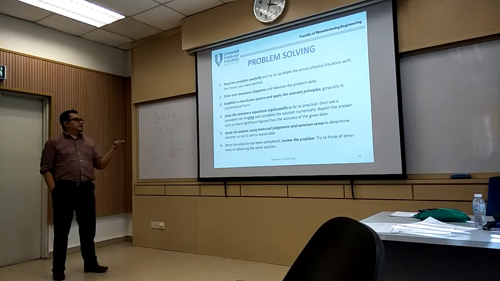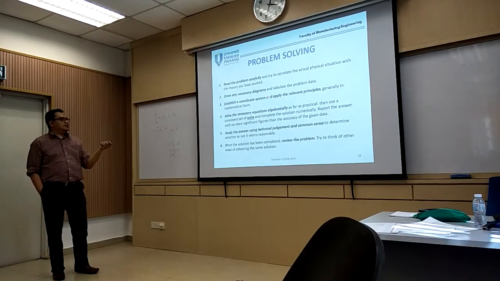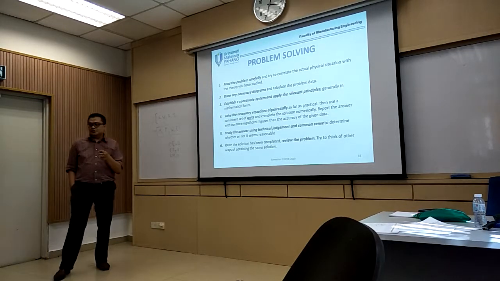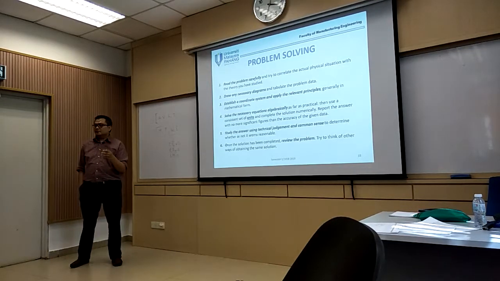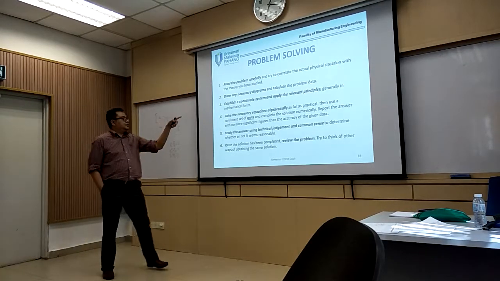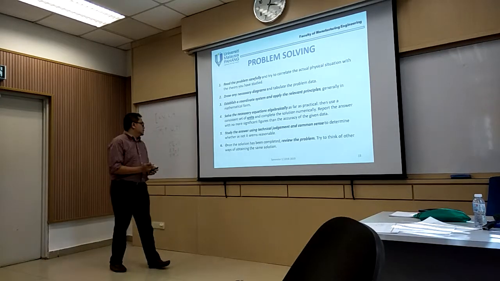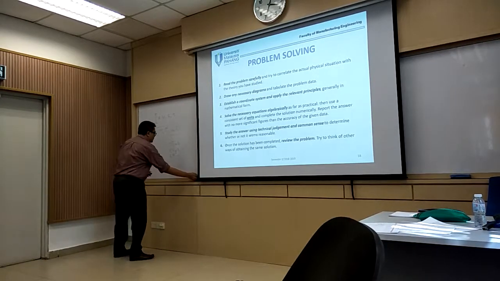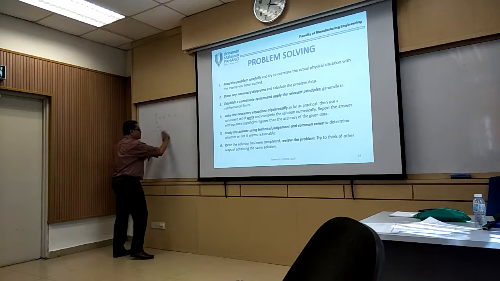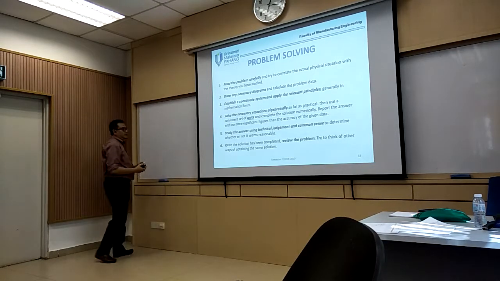Then establish a coordinate system. The coordinate system is also important: X, Y, Z, right? You have to draw which direction is X and which direction is Y. Sometimes for a different problem you may need a different coordinate system.